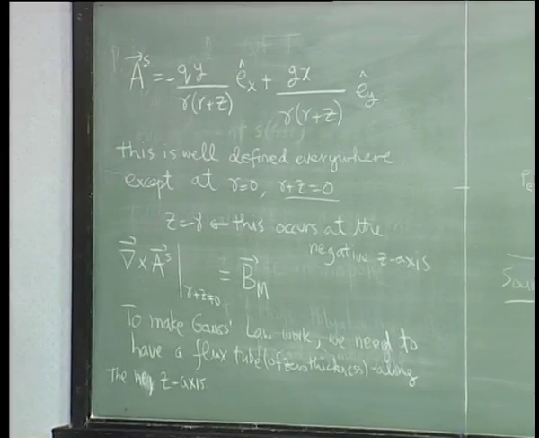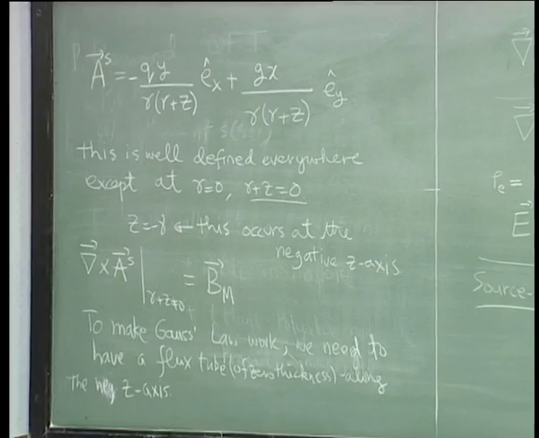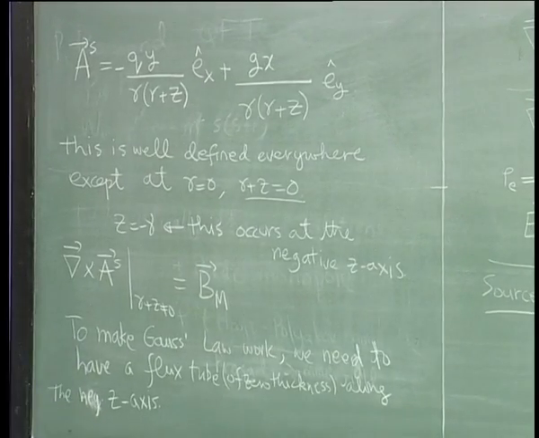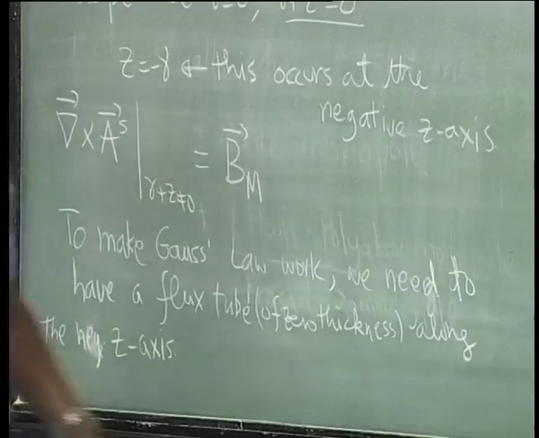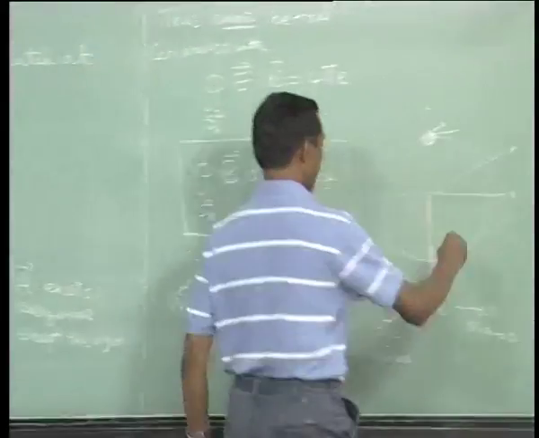This was Dirac's observation. And since a tube of 0 thickness is a string, this object has a name, it is called a string, a Dirac string.